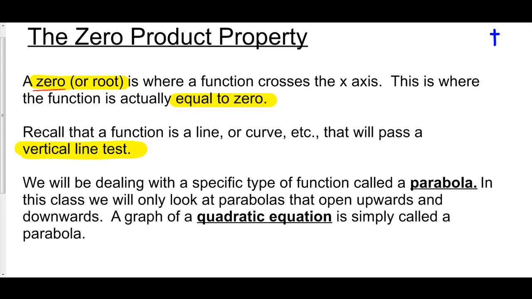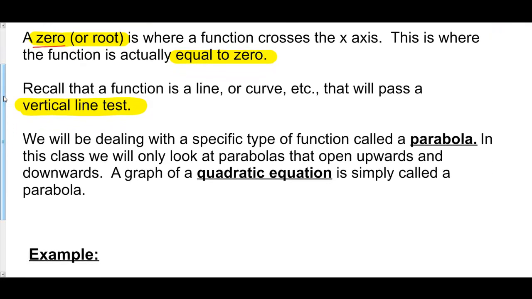We're going to be dealing with a specific type of function called a parabola. Now, you might think that sounds like some kind of crazy disease, but it's not. A parabola is just the graph of an equation that looks like a U, of the form y equals x squared. It looks something like this when you graph it.